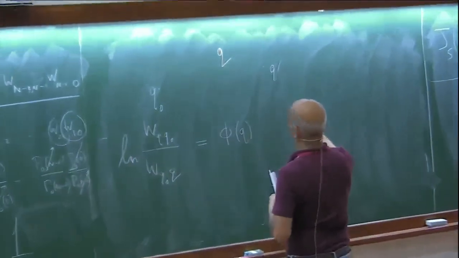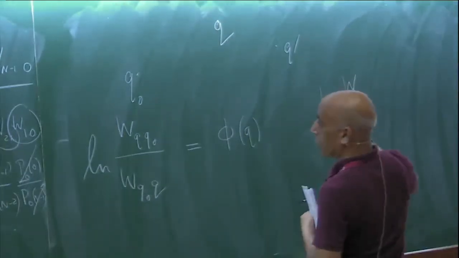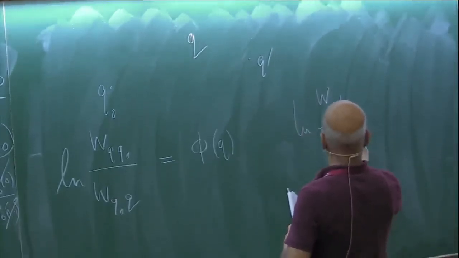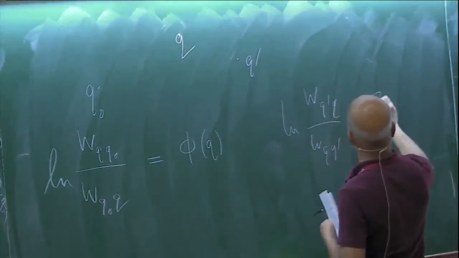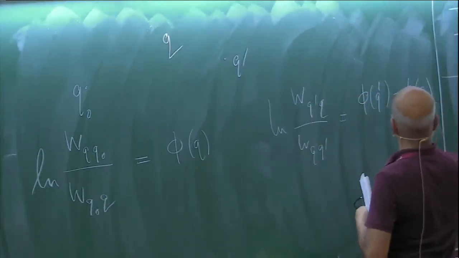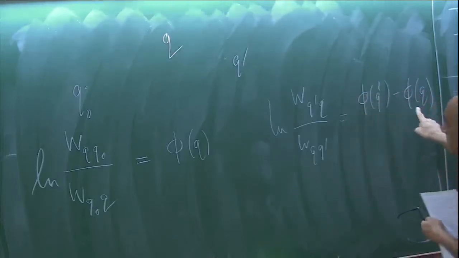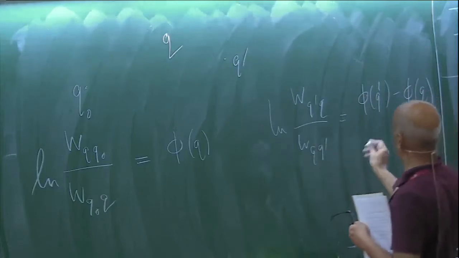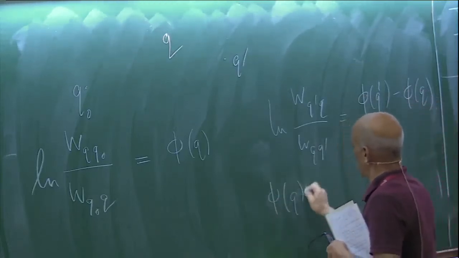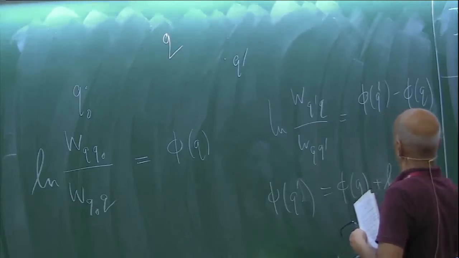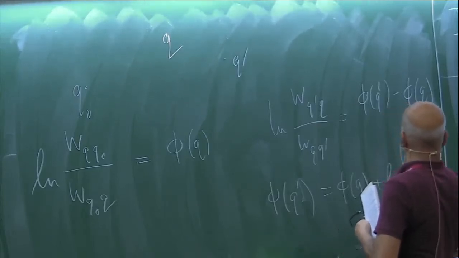You take log W Q prime Q over W Q Q prime, and that has got to be phi of Q prime minus phi of Q. But you know phi of Q, and you know this, therefore you know phi of Q prime. So phi of Q prime is phi of Q plus log. I've done it right.